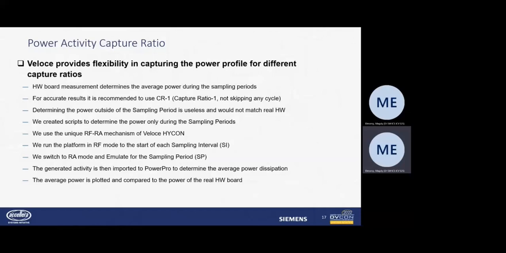However, it is not going to give you an accurate value for the power dissipation. Then we chose the sampling mechanism, using the sampling period and sampling interval, over ignoring some of the cycles and just determining the profile of the power.